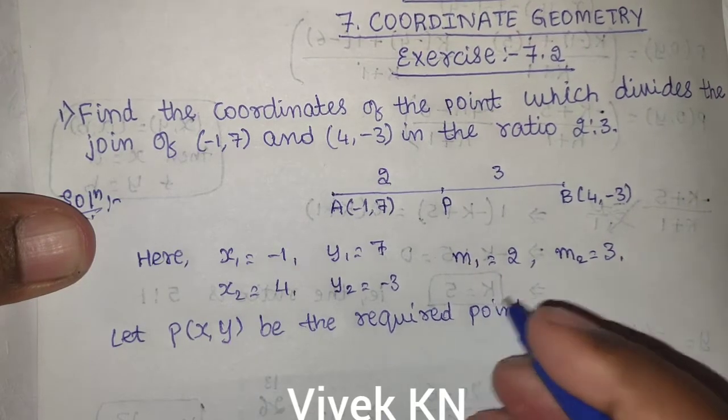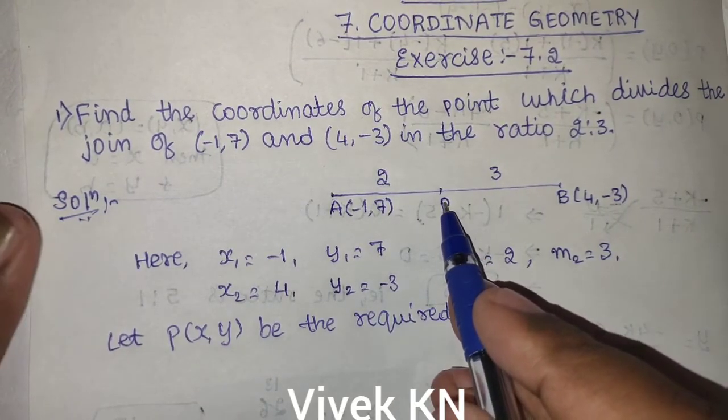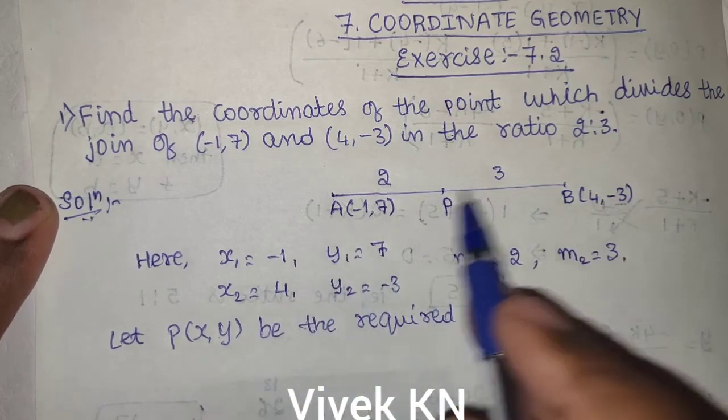Now we can easily find the coordinates of the point P(x, y) by using the section formula.